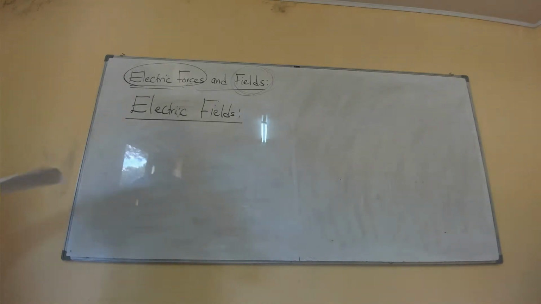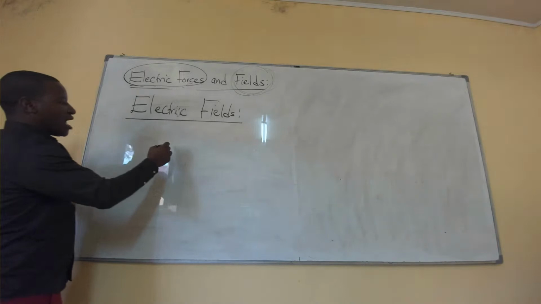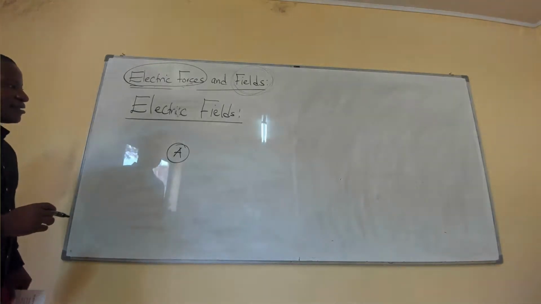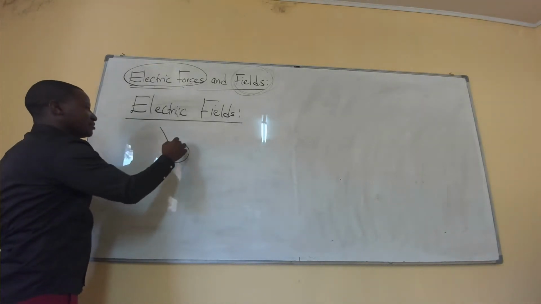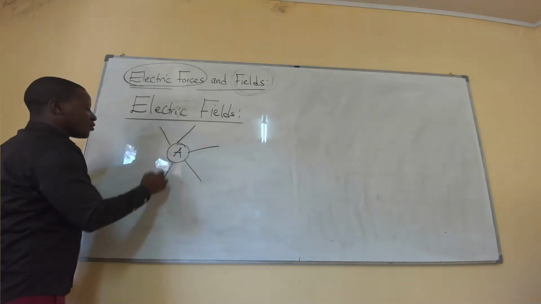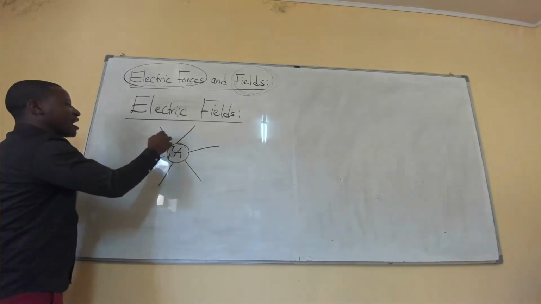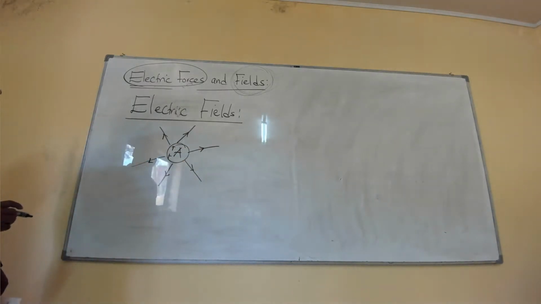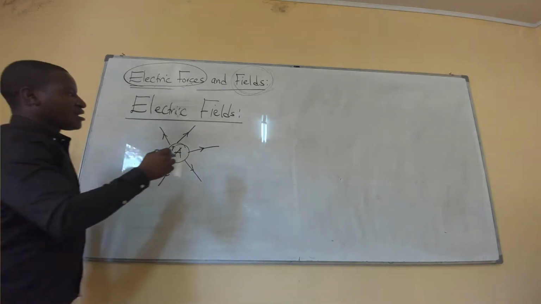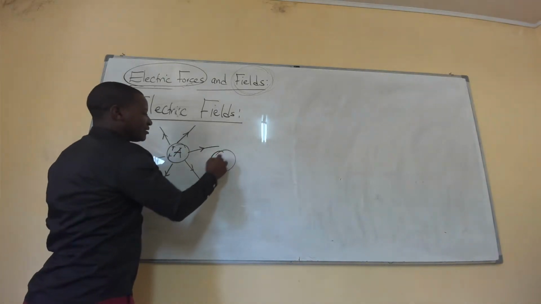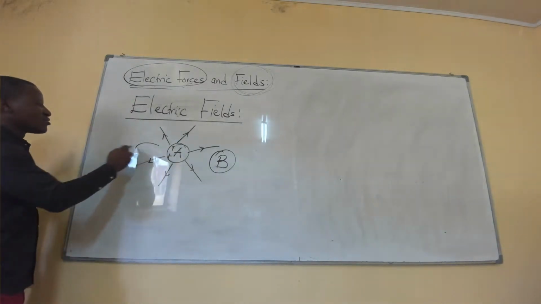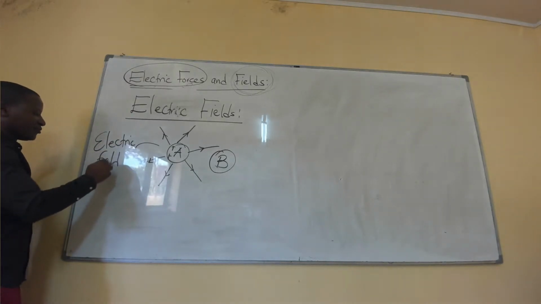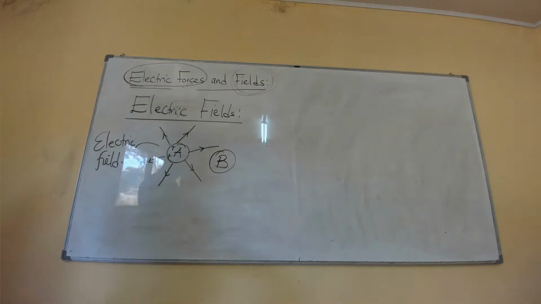So we are saying in this case, if, for example, we have an object A, which is charged, then it's producing some field in that direction. Of course, if it is positively charged, we have our direction in that way. Then we now want to place another object, which is B, in the field. This is what we are calling the electric field. Now we want to see what happens.